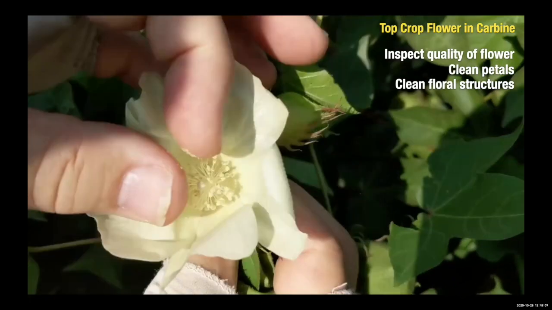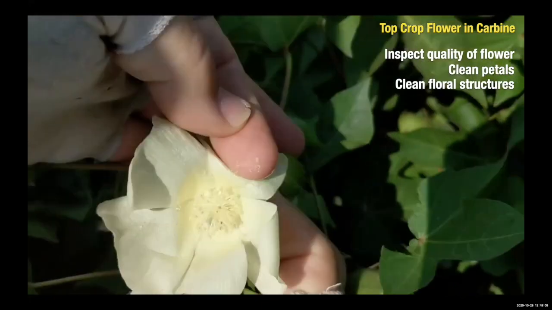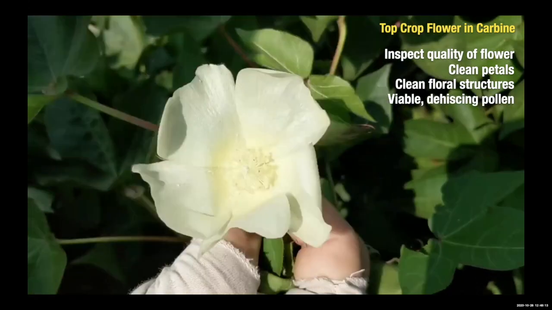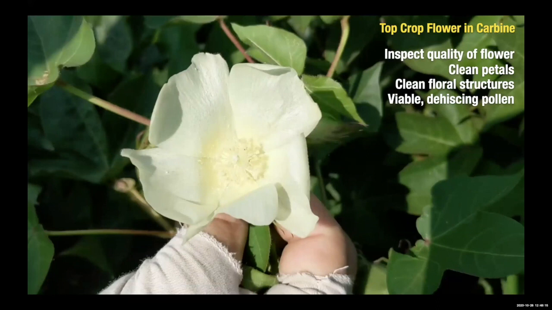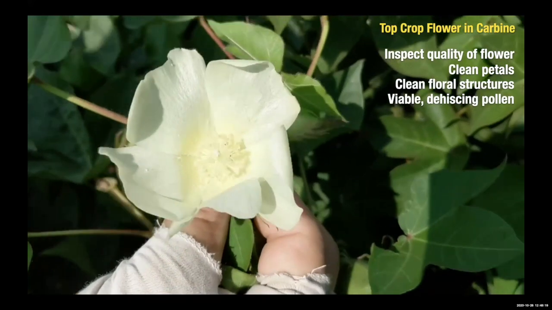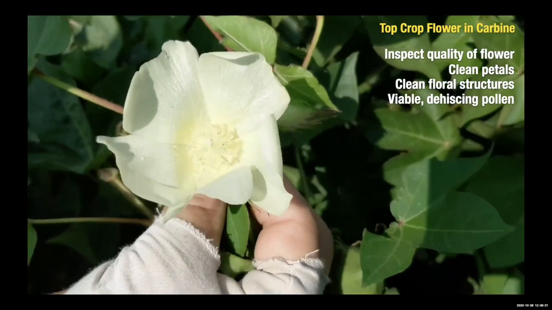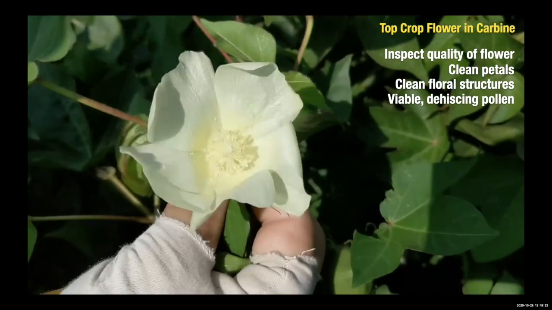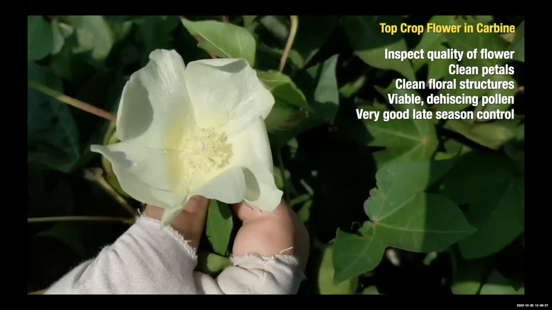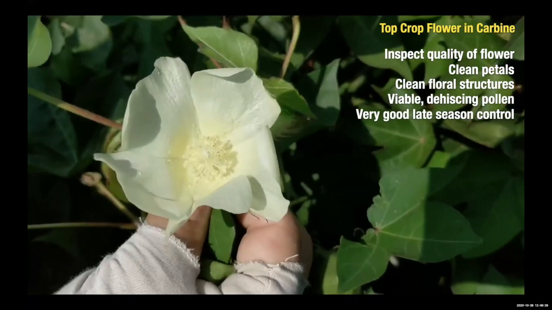I can rub it and get frosting on my finger, which is the pollen. This is indicating that had there been enough time, water, heat units, etc., this flower would have made a boll that would have been productive. It also shows us that lygus control is much better than the untreated check, where the flowers that are produced right now are all damaged by lygus.